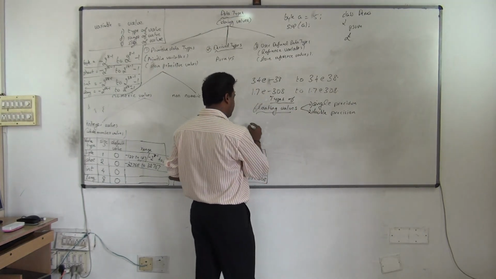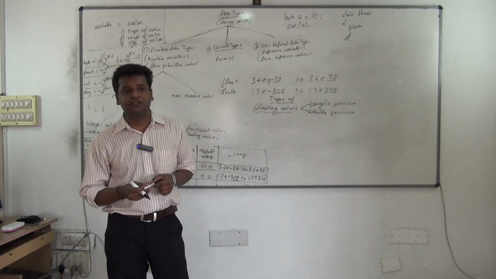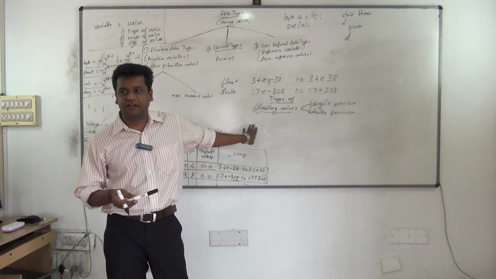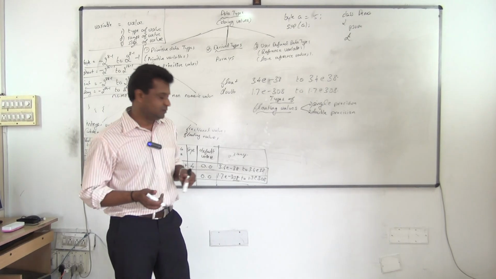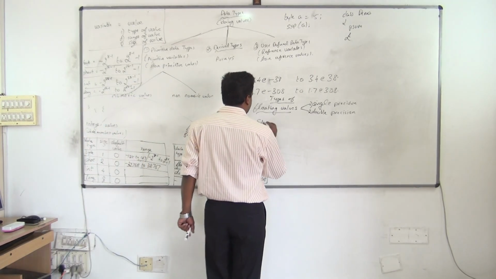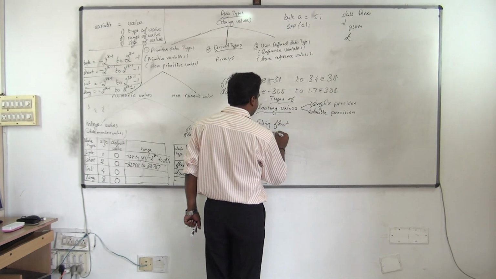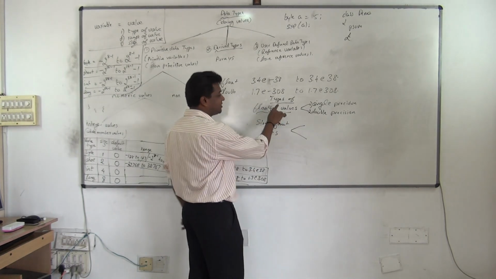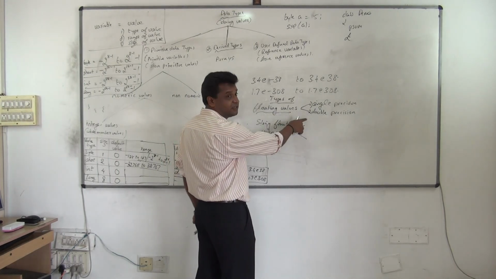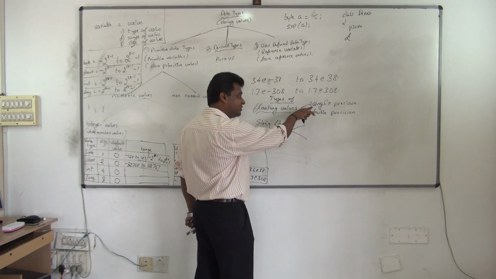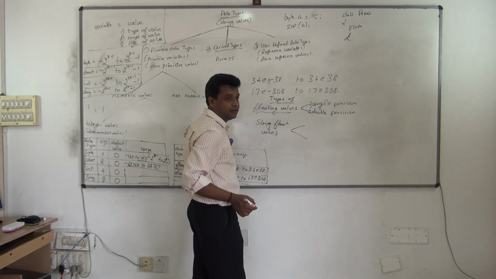Now floating values can be stored in Java in two ways. These are the types of values, but you can store these two types of values in two ways. How? Understand the difference. This is the type of floating value: single precision, double precision. Now this value, whether it is single or double, you can store in two ways.